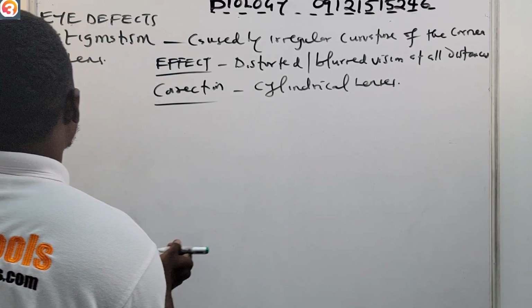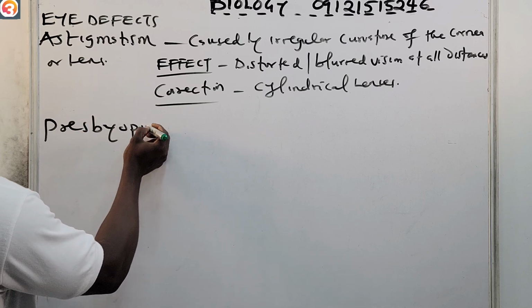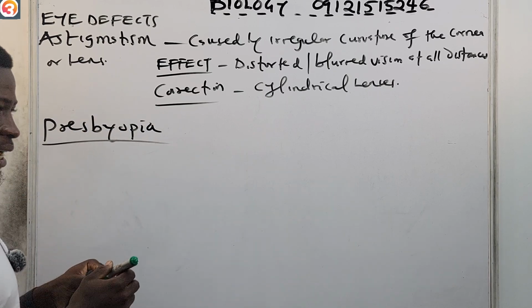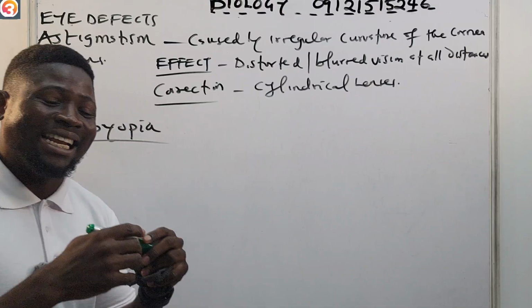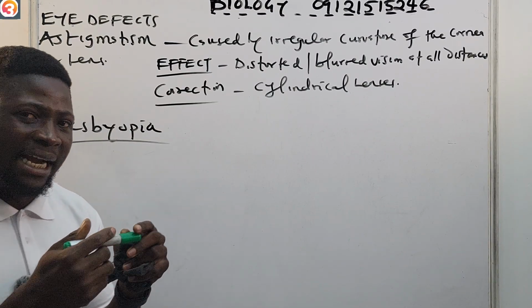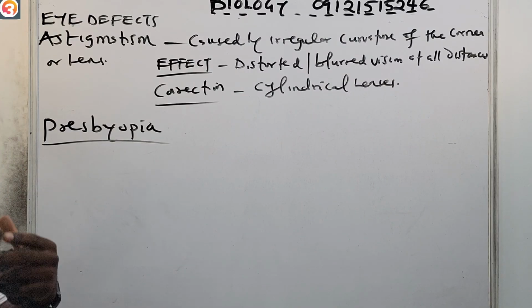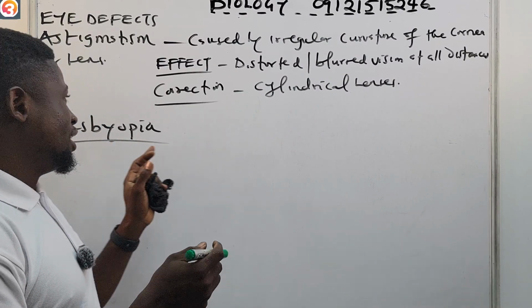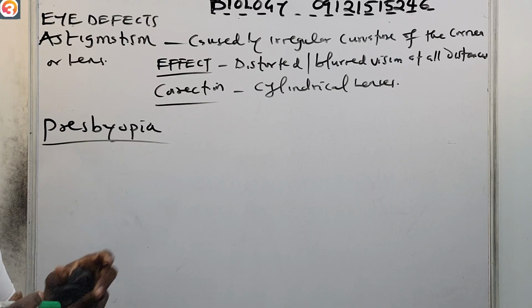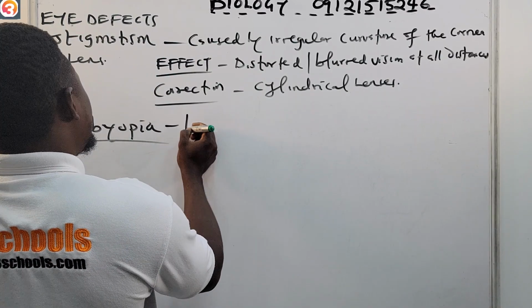Now let us see presbyopia. We already talked about presbyopia when we were talking about accommodation. The lens is an elastic part of the eye. So when the lens loses its elasticity due to age, it leads to presbyopia.